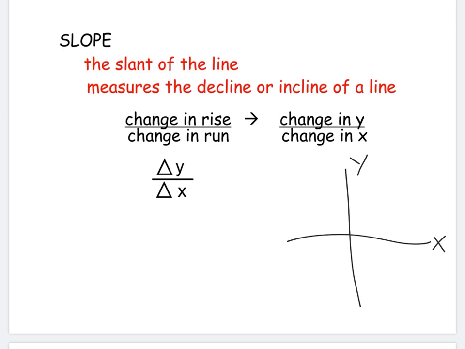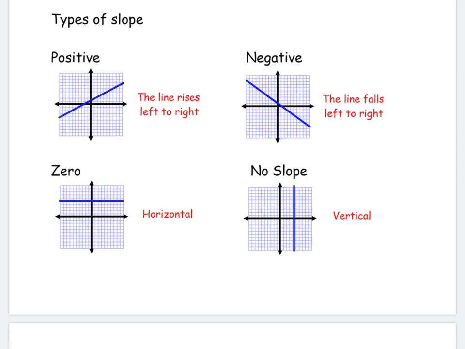So it's a change in y over the change in x. You can also see it written as triangle y over triangle x, and the triangle, the way you pronounce that in math, is the Greek letter delta, which means the change in. So again, it means a change in y over the change in x.